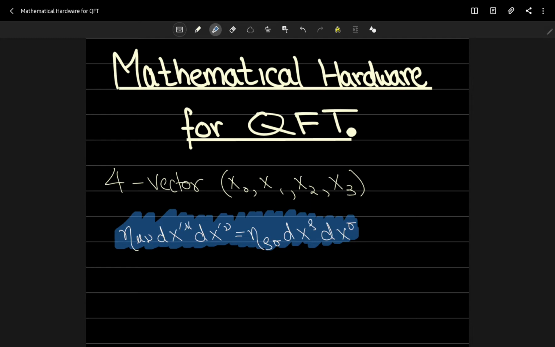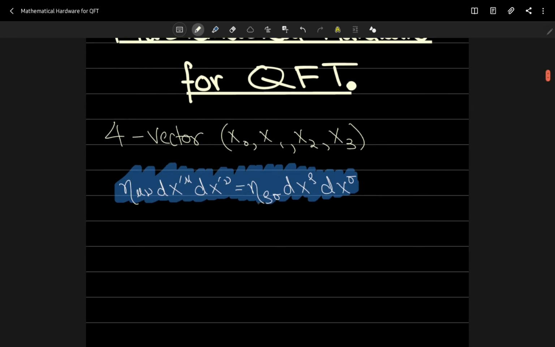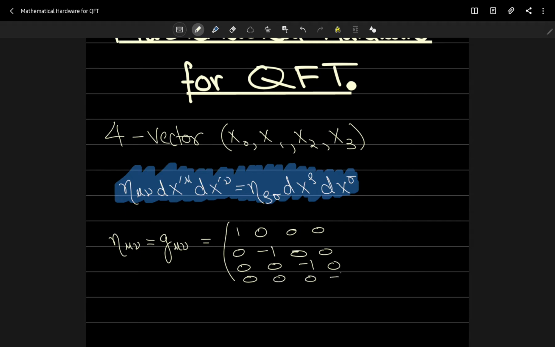Over here we are using the Minkowski metric, right? And that is eta mu nu, which is equal to g mu nu, which is equal to the matrix 1 0 0 0, 0 minus 1 0 0, 0 0 minus 1 0, and 0 0 0 minus 1.